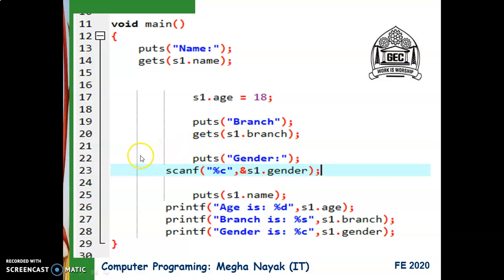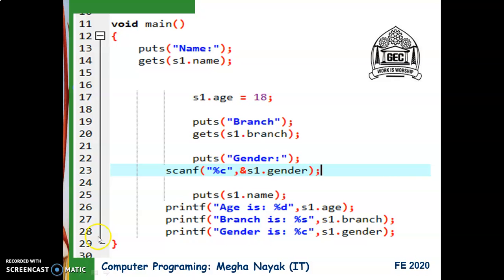Over here I'm still dealing with the first student itself, that is S1. So I even read his gender from line 22 to line 23. In this case I didn't use gets, instead I used a scanf with %c, because it's either an M or F, so one character.